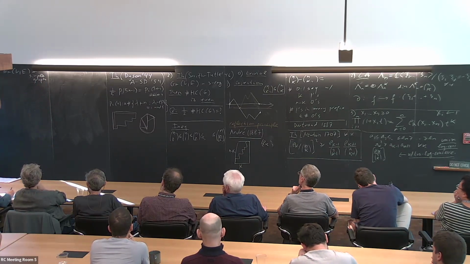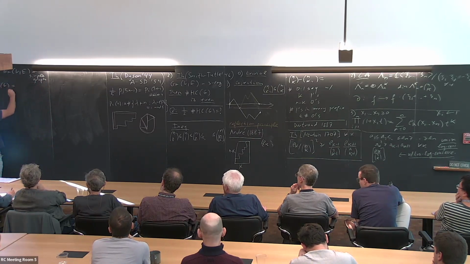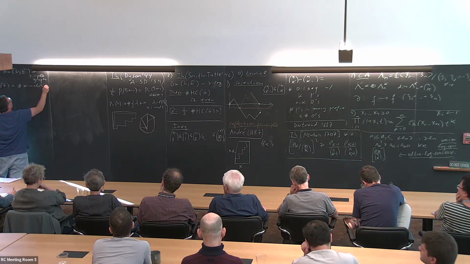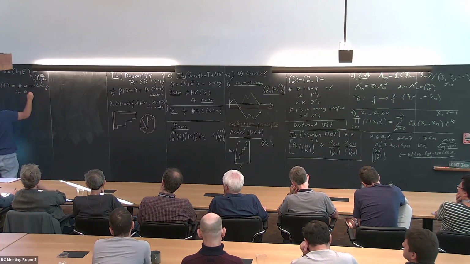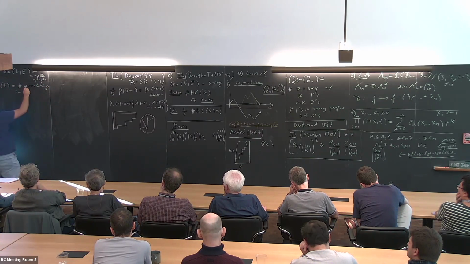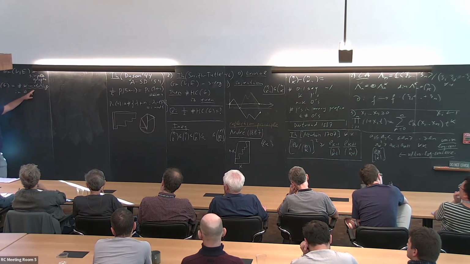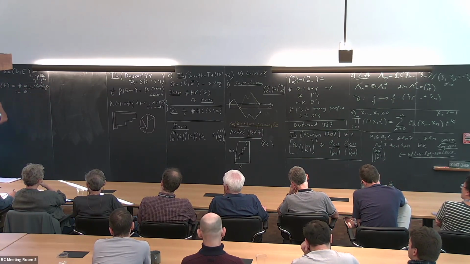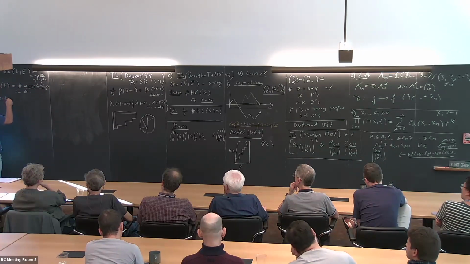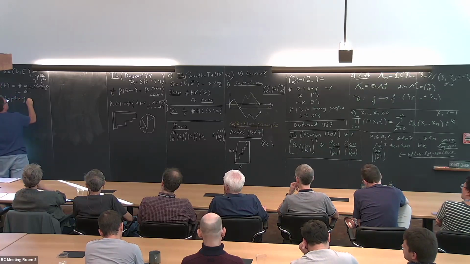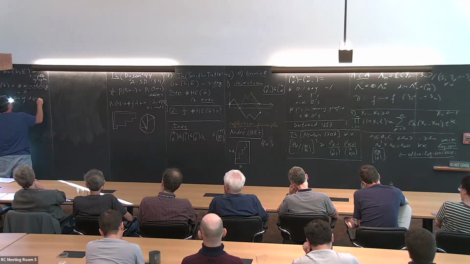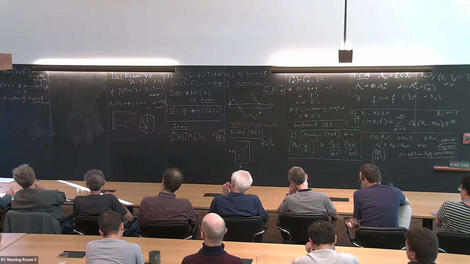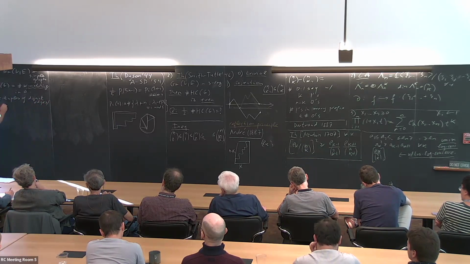So I'm going to define m_k(G), the number of k-matchings in G. A k-matching is a k-tuple of disjoint edges. And now here is the theorem.